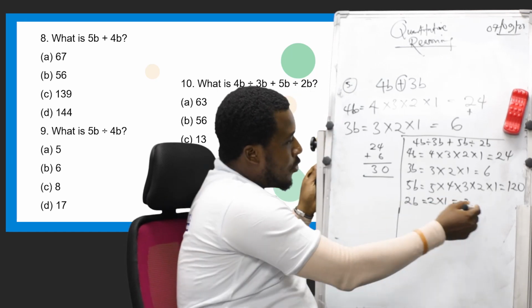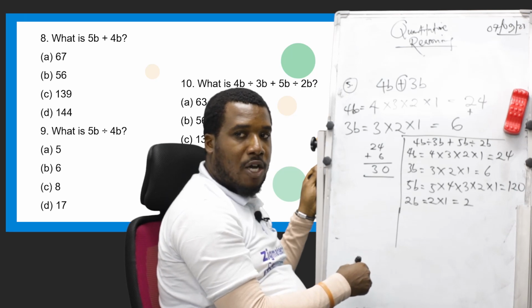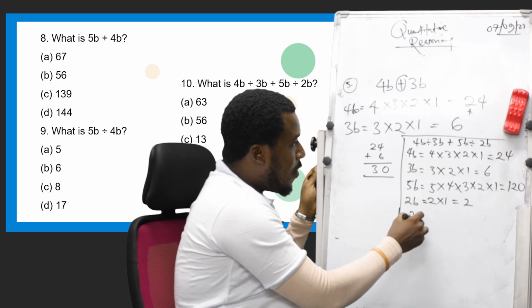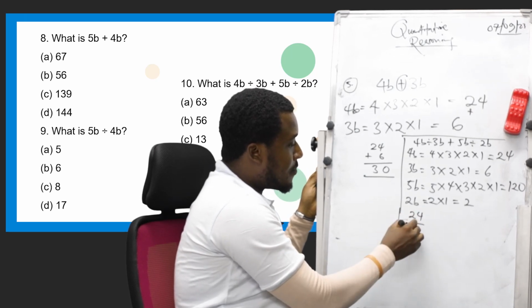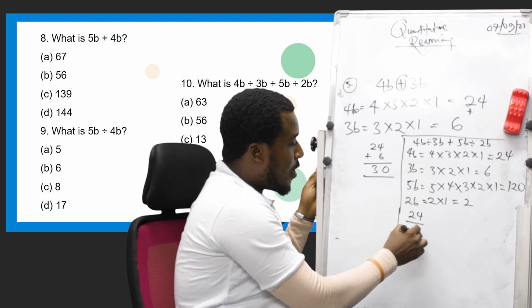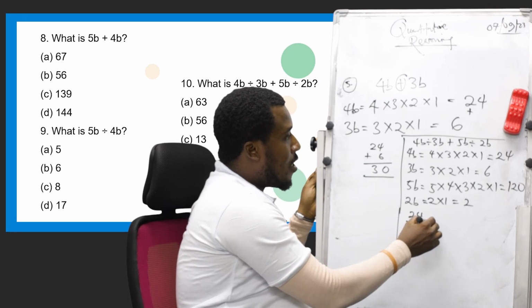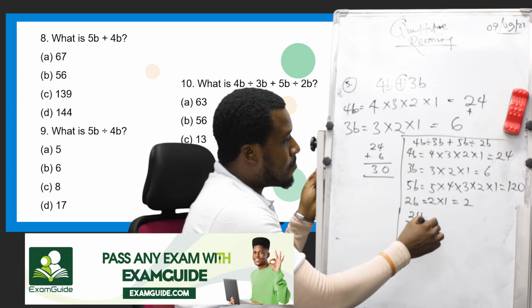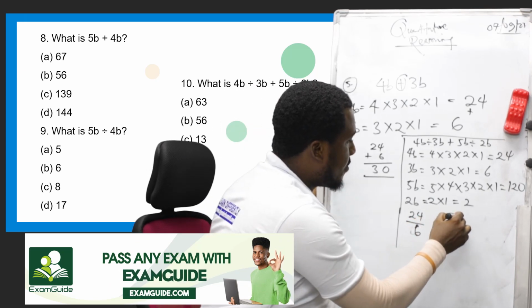So going back and substituting these values into our initial expression, in place of 4b we have 24 divided by 3b, which is 6. Then plus 5b.